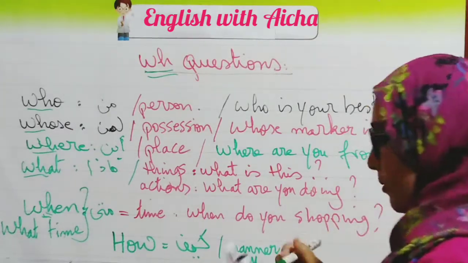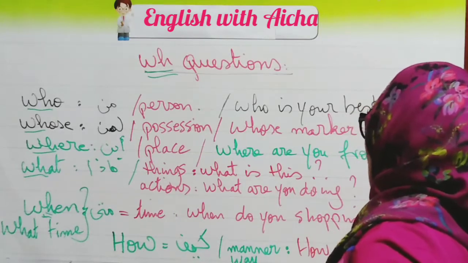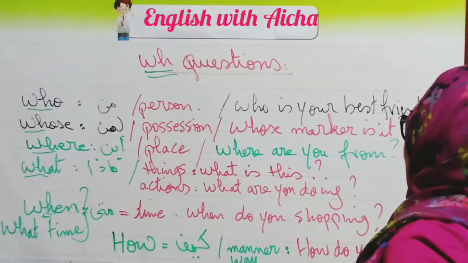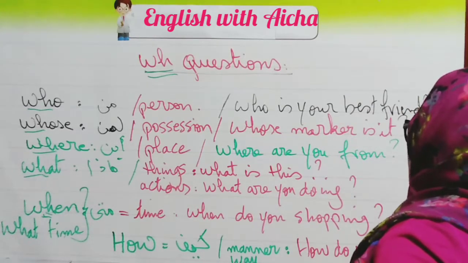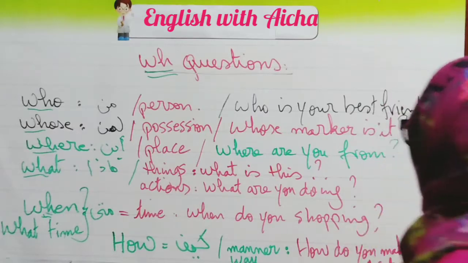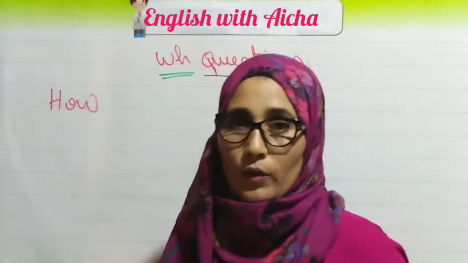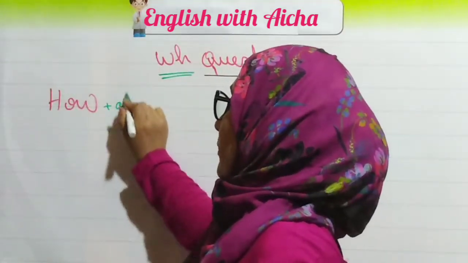Let's say as an example, how do you make a cake? Okay, how do you make a cake? So that was for how, but we can say how plus an adjective.